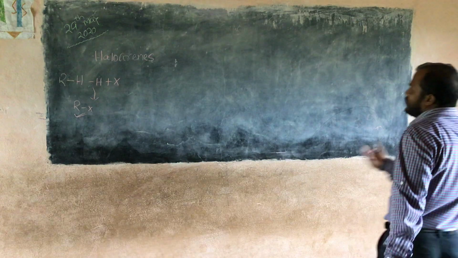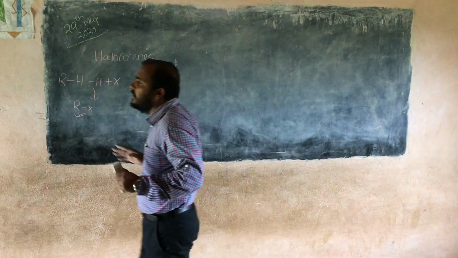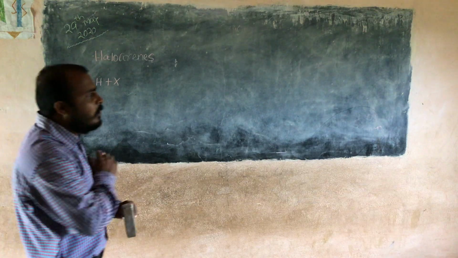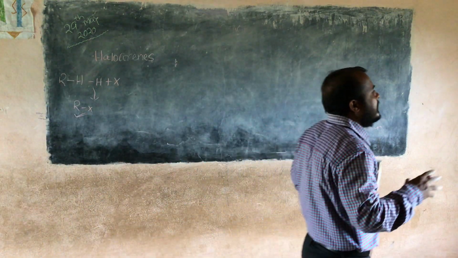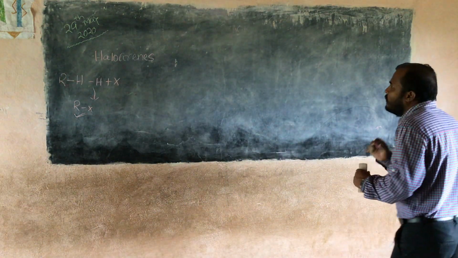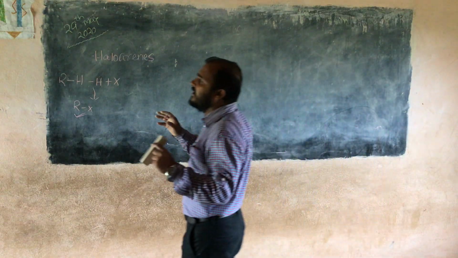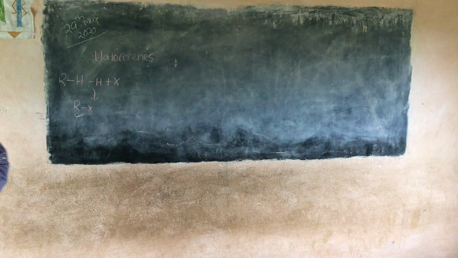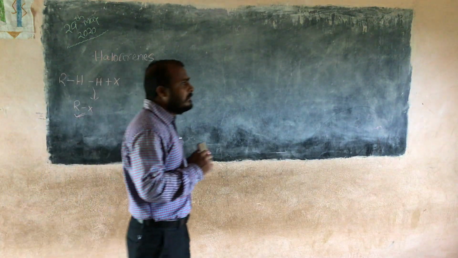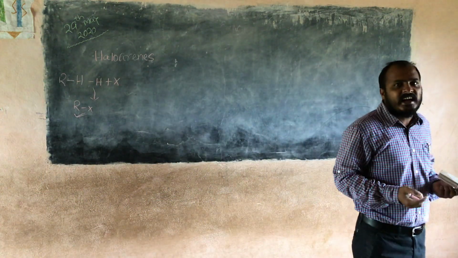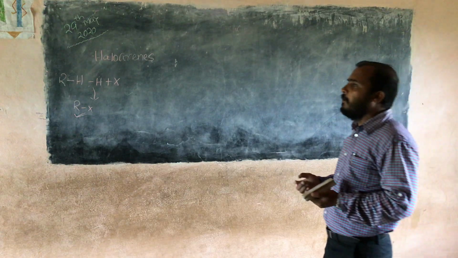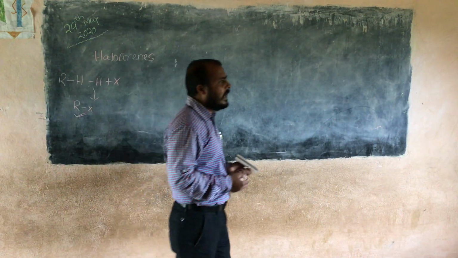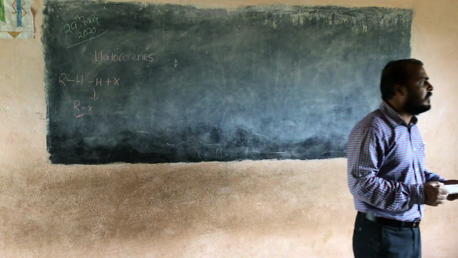So haloalkanes are the compounds which are derived from alkanes. Like haloalkanes, haloarenes are the class of organic compounds which have been derived from arenes. Then what is an arene? All the aromatic compounds are known as arenes. They are called arenes.